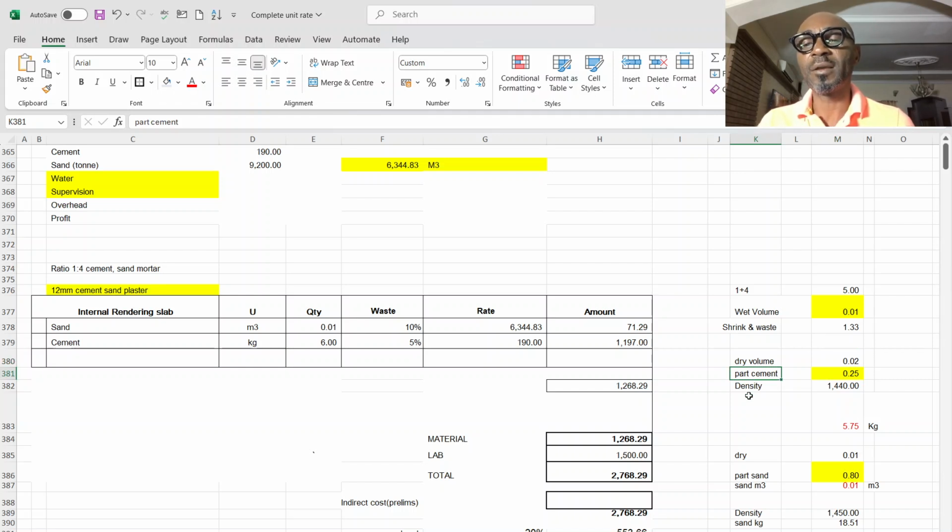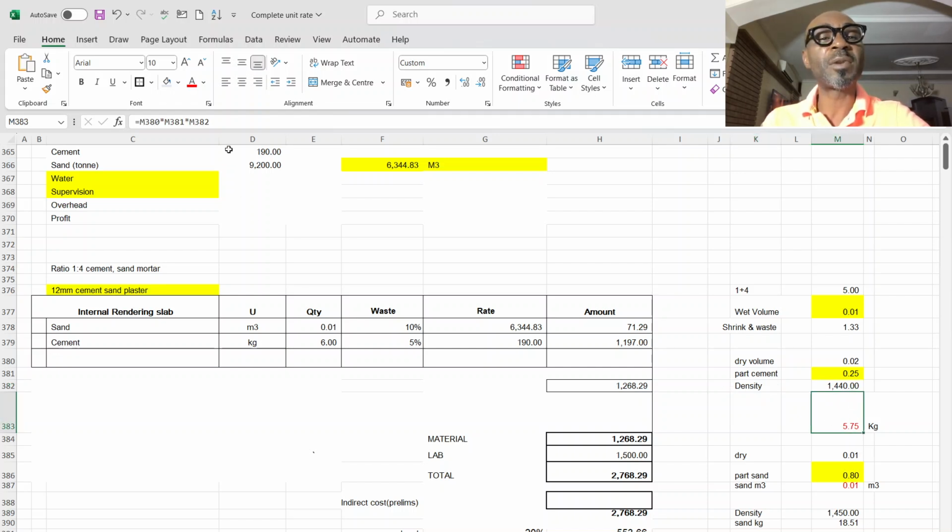Then the part of cement, we said it is ratio 1:4. So if it is ratio 1:4, you are now dividing 1 by 5, because adding this 1 plus 4 gives you 5. So you come here, you see I divided 1 by 5, I have 20%. Then the density for cement is 1,440.